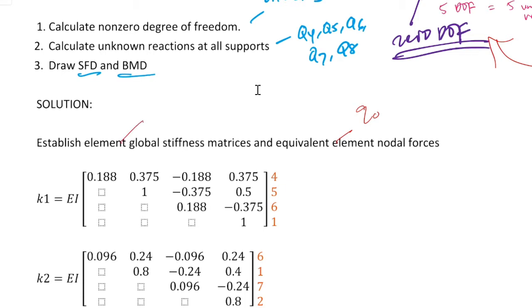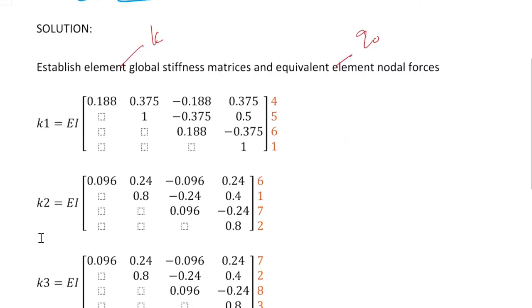This one is k, small letter as well because this is for the element. We use small letter for element and capital letter for the structure. So same with K1, K2 and K3, we will have Q naught 1, Q naught 2 and Q naught 3 with the same degree of freedom labels. Okay, so let's do it for Q naught right now.